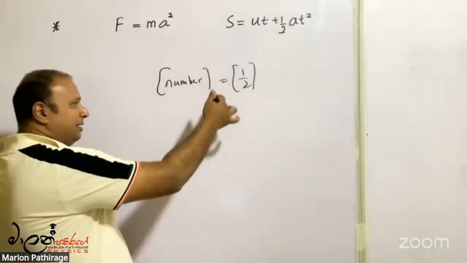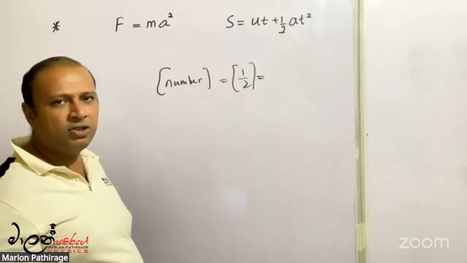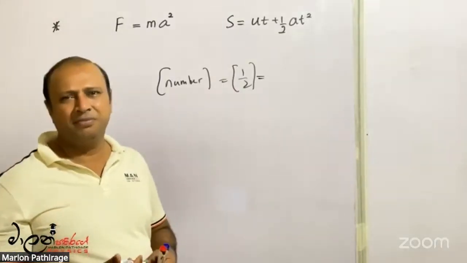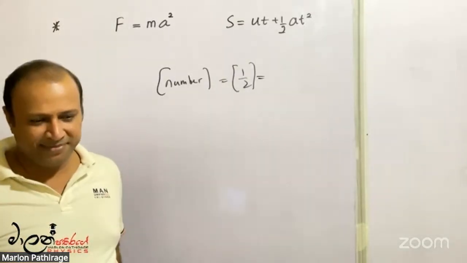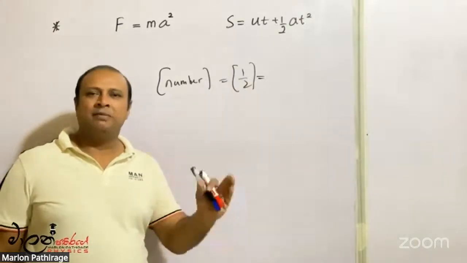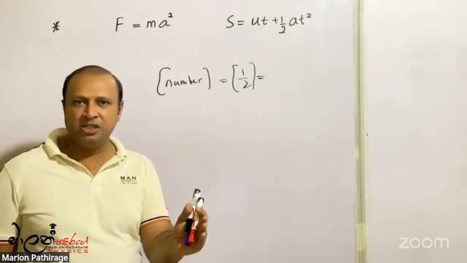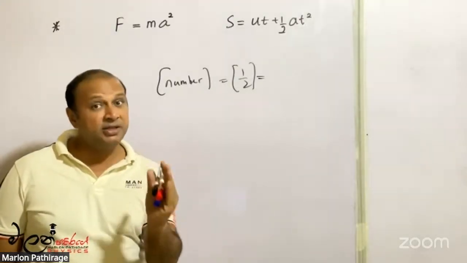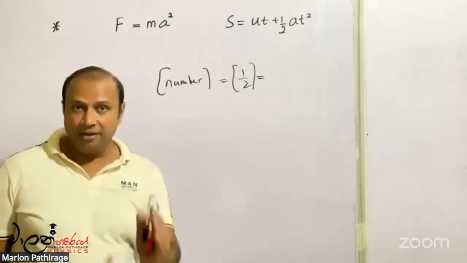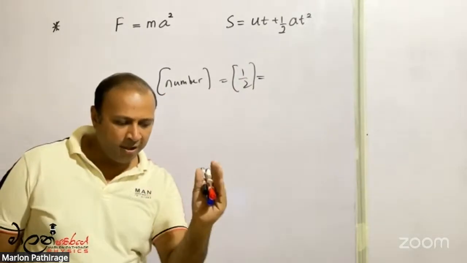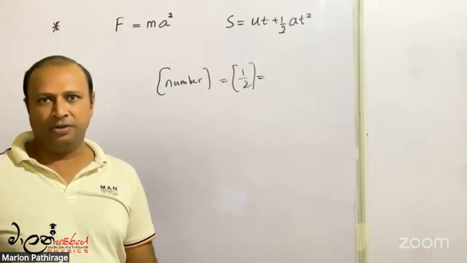Therefore, if there is a number, we can neglect that thing. Actually, we cannot define a dimension for a number. Is that clear? Numbers do not have dimension because numbers are not physical quantities. Dimensions are the representation of the relationship between a certain physical quantity and the basic physical quantities.